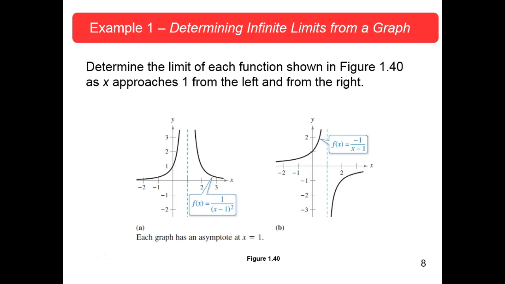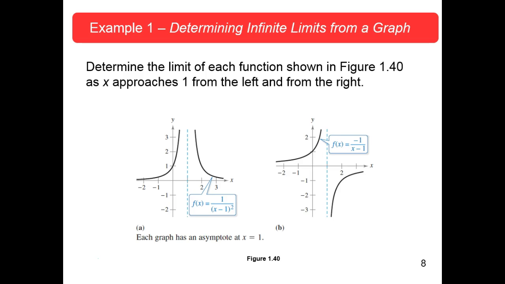When x is greater than 1, x minus 1 is positive, and when you square it, it stays positive. It gets even larger, so that's going to infinitely large even faster.